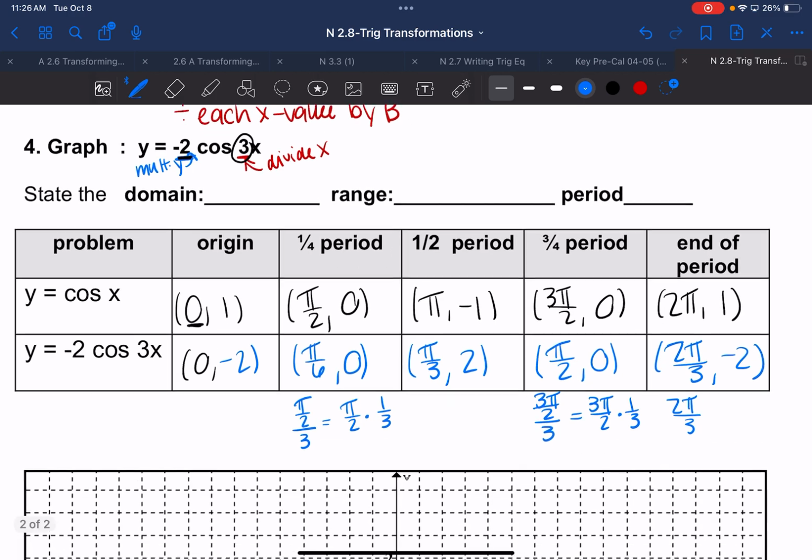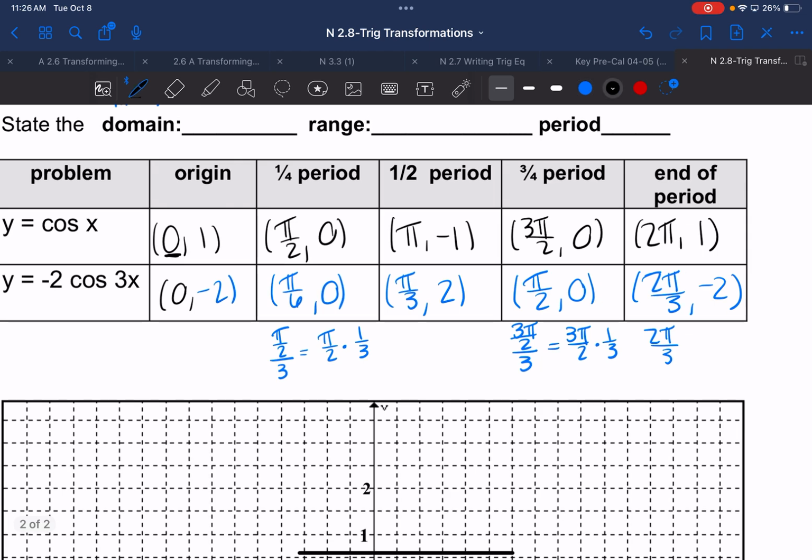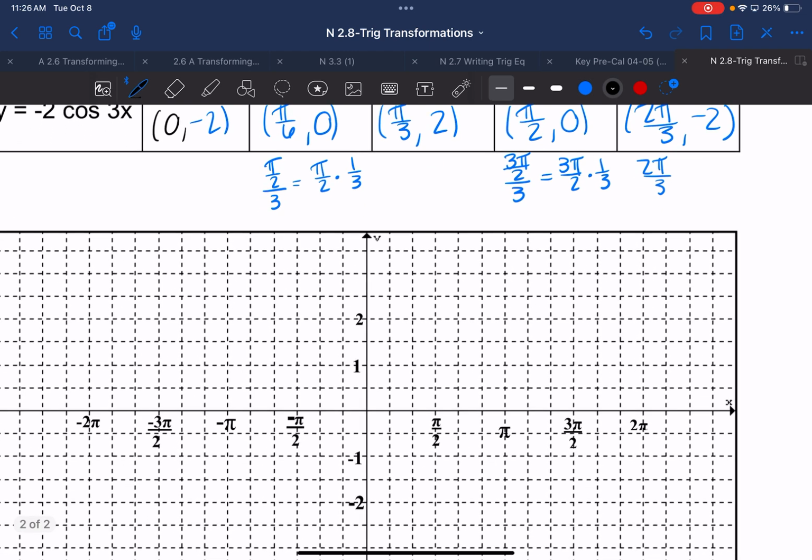Okay, so now I've got my new points. I'm going to come down here and plot those points on our graph. My first point is at 0, negative 2. I'll do it in red so you can see it better. It would appear each one of these lines must be worth pi over 6. So for pi over 6, 0, I'm just moving over one line and plotting a point here at 0.